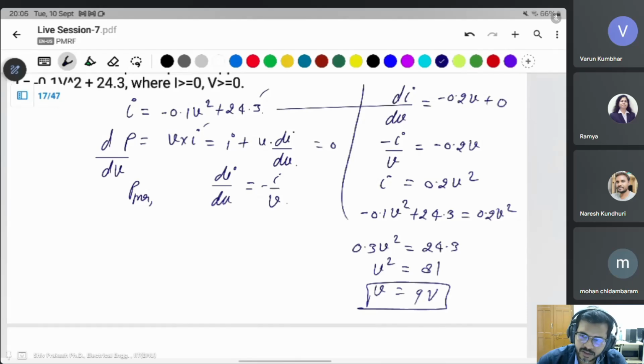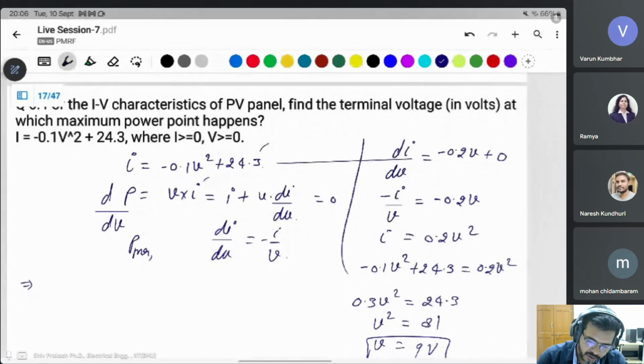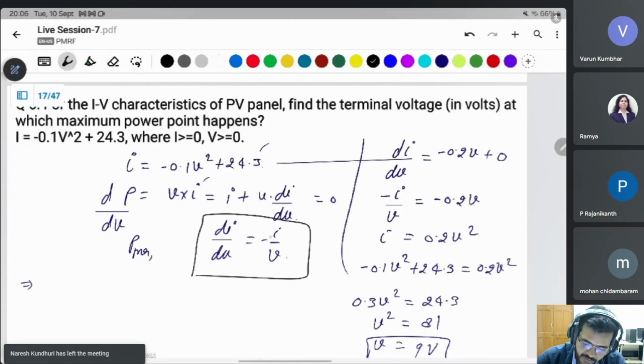What is the 5.19? Just explain, please. V is 9, correct? You know about di by dV. This is at the maximum power. The I equation is given, then calculate di by dV from equation number one.